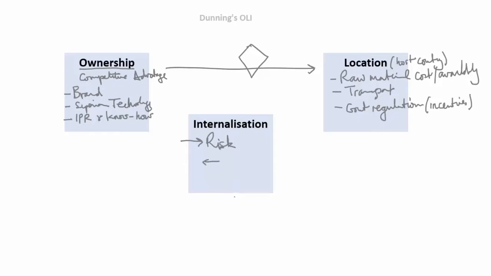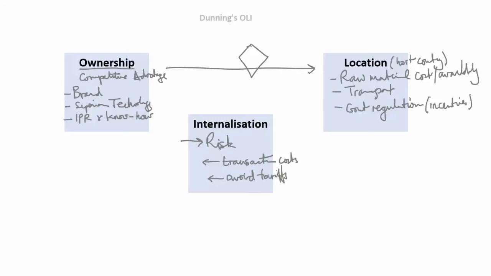One of those is the cost advantages that can come from vertical or horizontal integration because it helps us to reduce transaction costs. So, for example, by vertically integrating, we don't have the transaction costs of going from supplier to buyer. The other aspect is that if we are located in that host country, then we may avoid tariffs and other barriers.